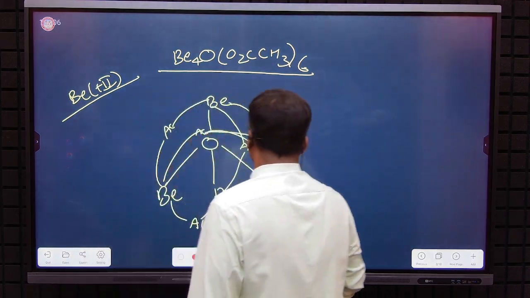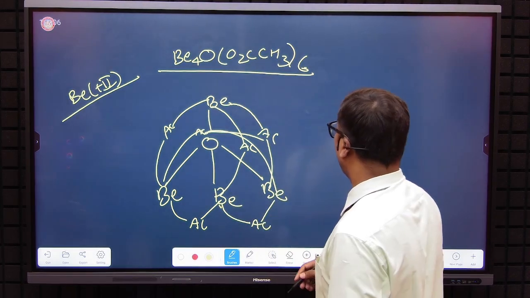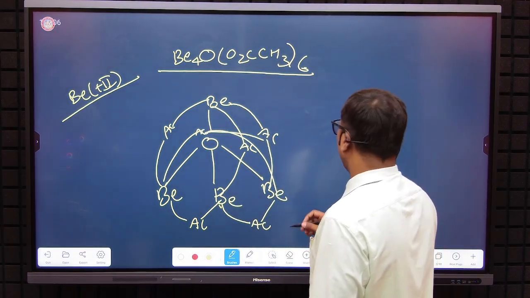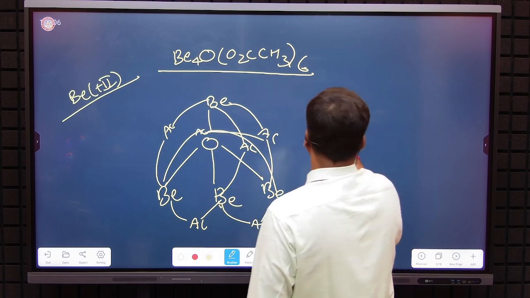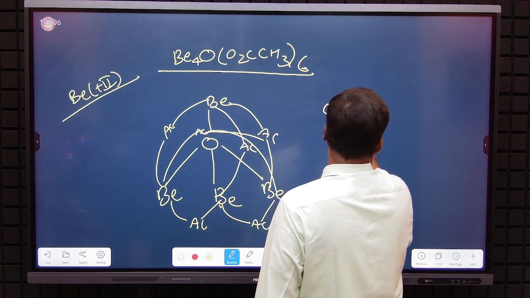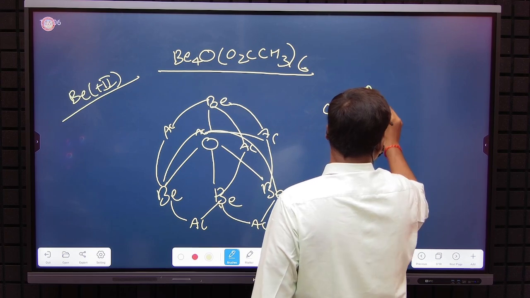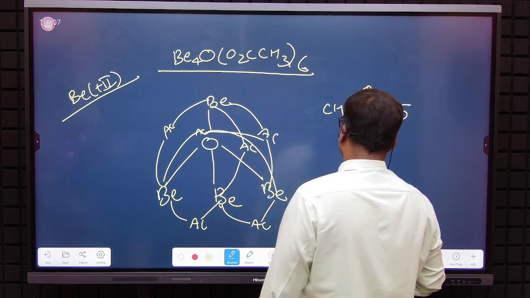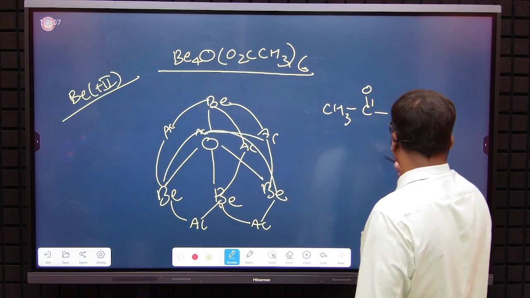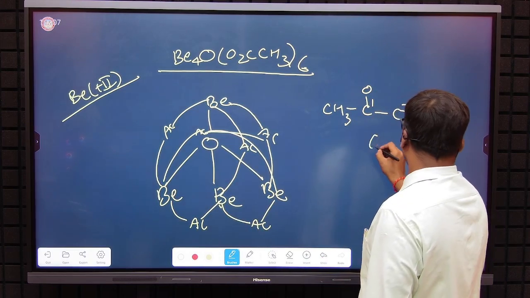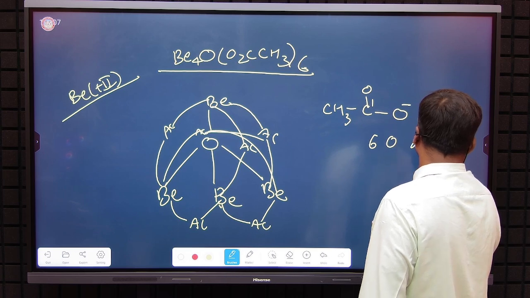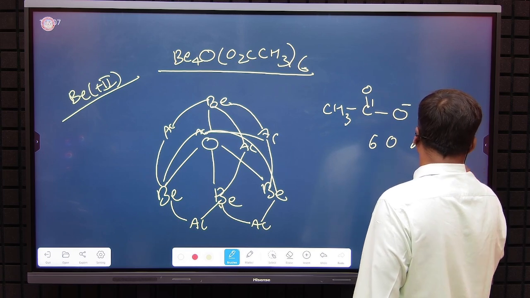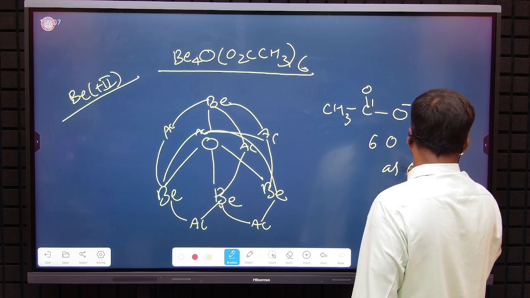So 6 acetate ligands, that is CH3 C double bond O minus. 6 oxygen donors as O minus.